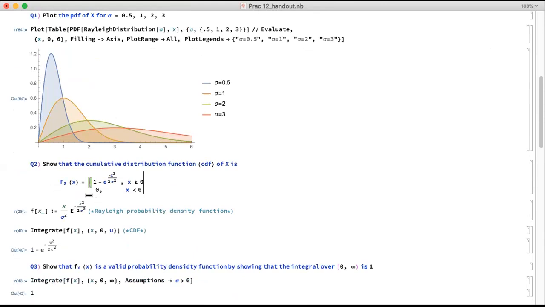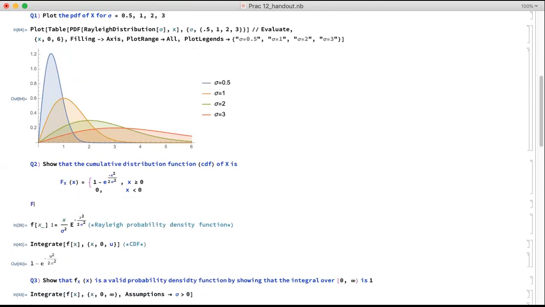Remember that the CDF is computed using the probability of x less than or equal to a given value x, which is computed using the integrals. Integral of your PDF from 0 to the value of x.